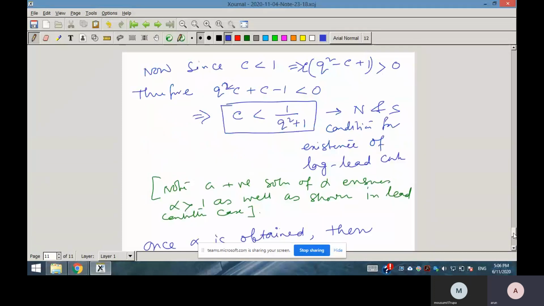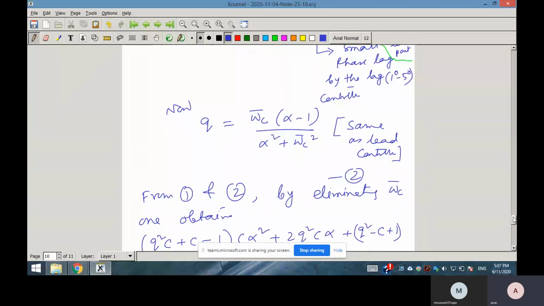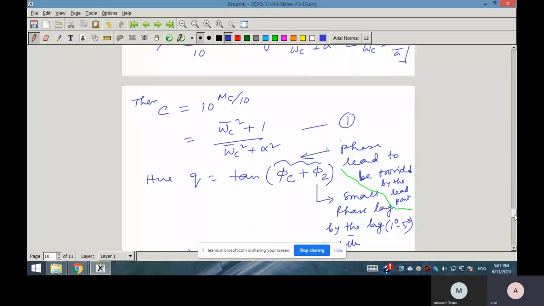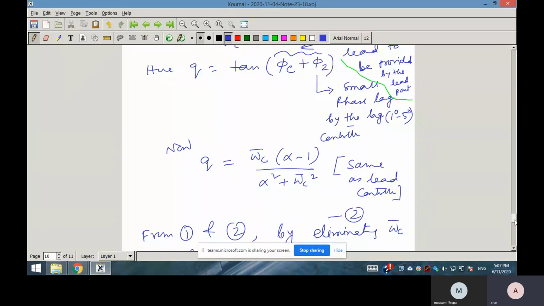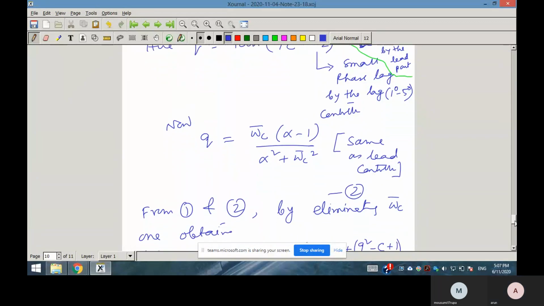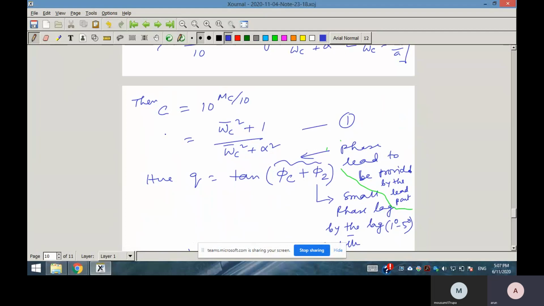Now one thing you see from this equation: where is omega c bar? Omega c bar we have assumed as omega c by a. So what is the relation between c and this one? You just see omega c square.